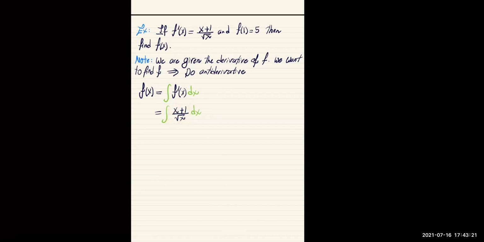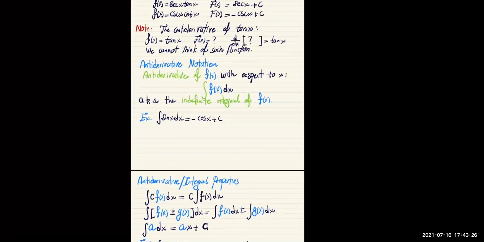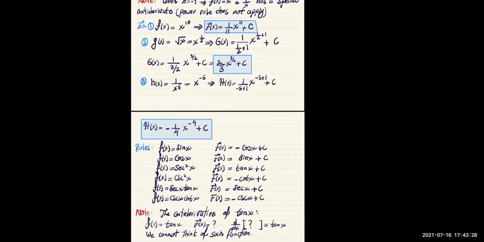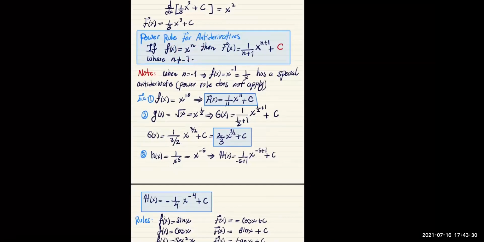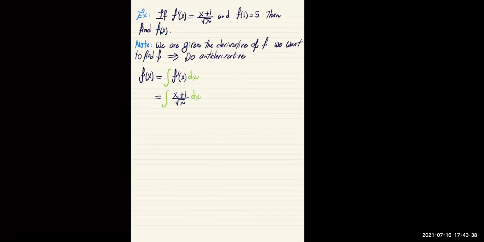Before you take the antiderivative, you need to simplify and rewrite as x to the n. I want to have my terms like that so I can use the power rule. So we could separate this fraction, or the sum, into two fractions.